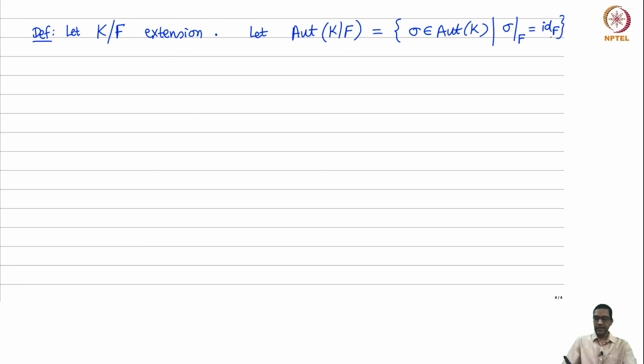So these are exactly the maps from K to K, the sigmas, which when you restrict to the base field is just the identity on the base field. So they fix the base field. Okay, so this is called Aut(K/F), sometimes called the group of F-automorphisms of K.